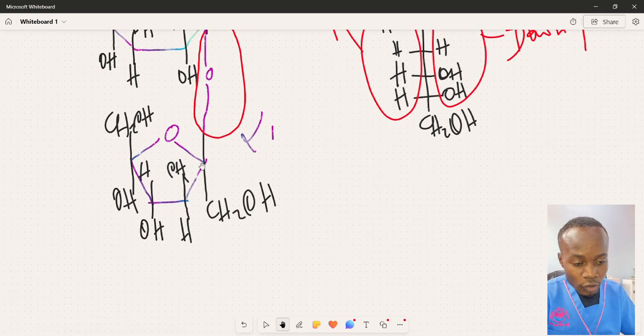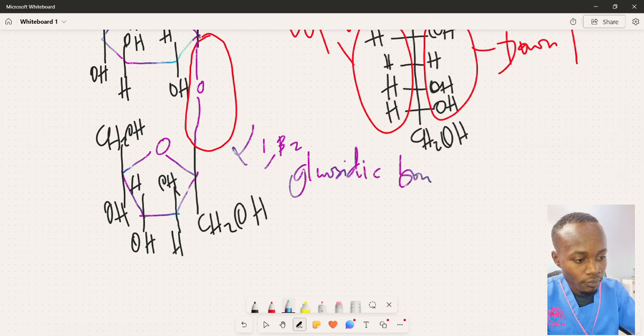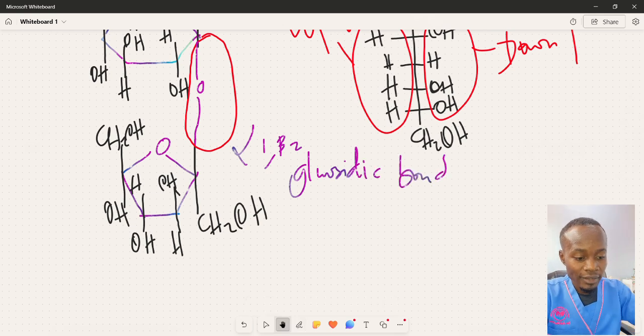It's the anomeric carbon number 2. So it was alpha 1 and beta 2 glycosidic bond. So that's exactly how fructose combines with glucose to form sucrose.